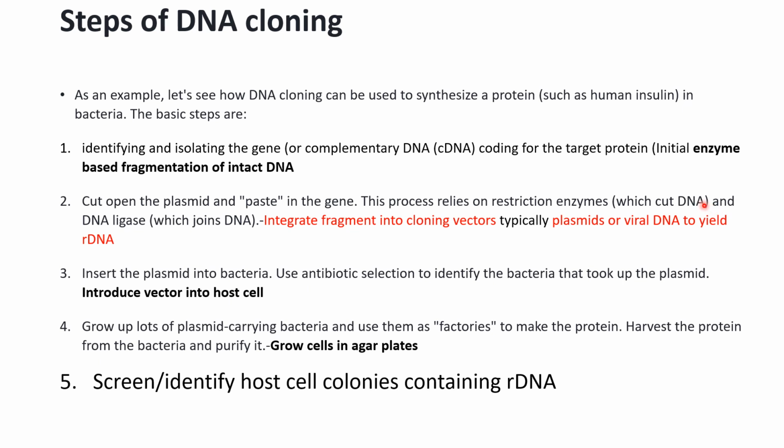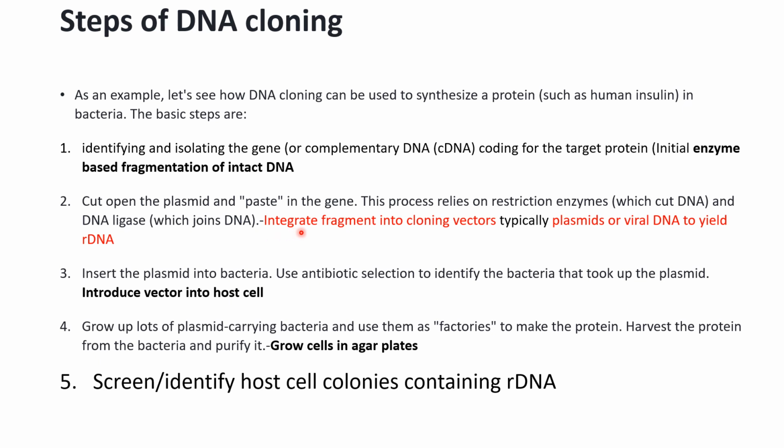After this DNA has been cut, we need to paste it into the plasmid. DNA ligase is the enzyme responsible for joining, or in simple terms, binding our DNA into the plasmid DNA.